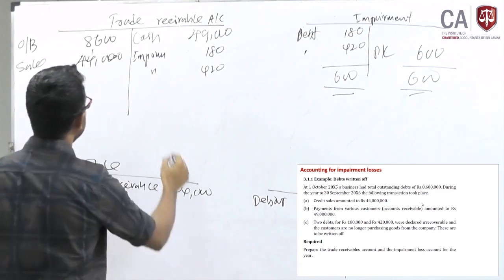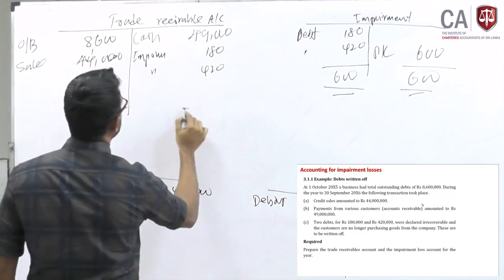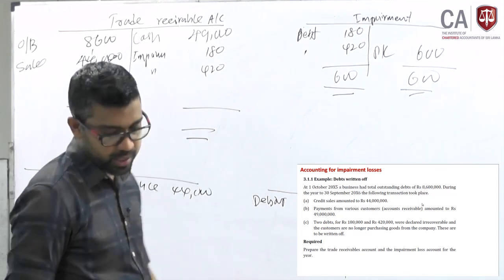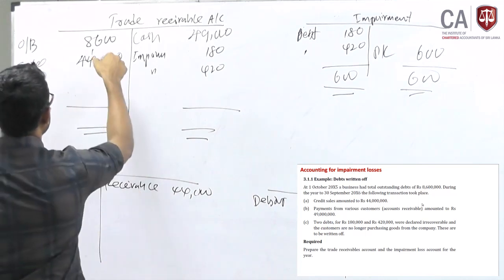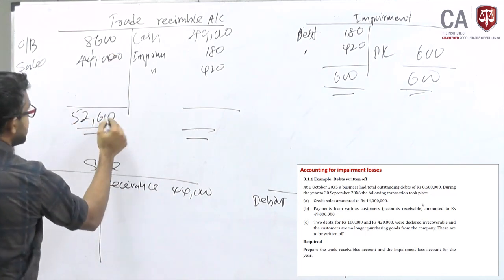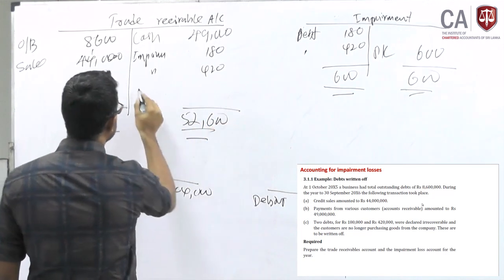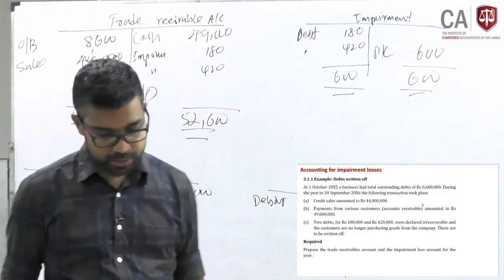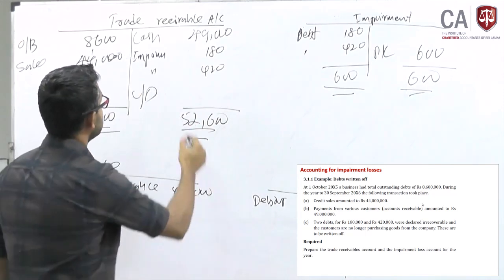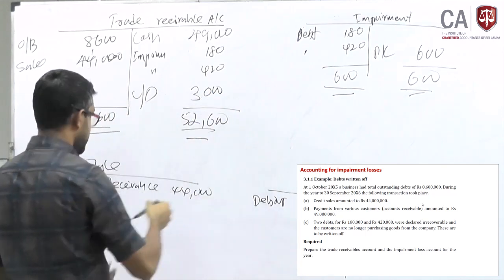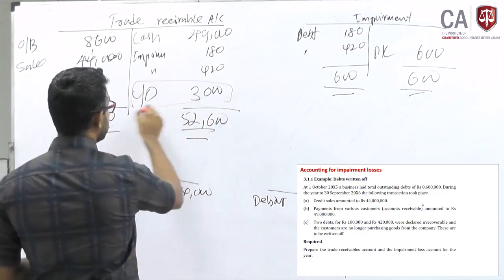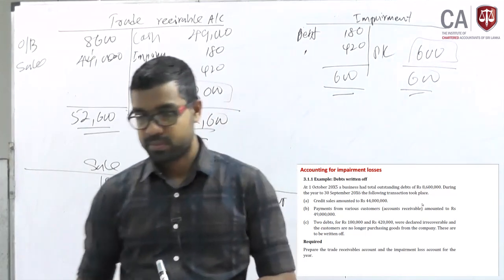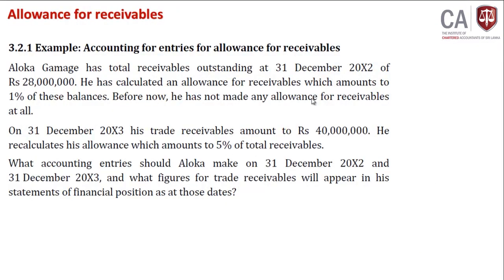Balance sheet debtor amount: opening balance together with 44,000 gives 52,600. The carried down value, when you take the net of these, is 3,000. So this is the closing debtor, and this is the impairment to P&L. Simple questions, right? Fine. Next one.